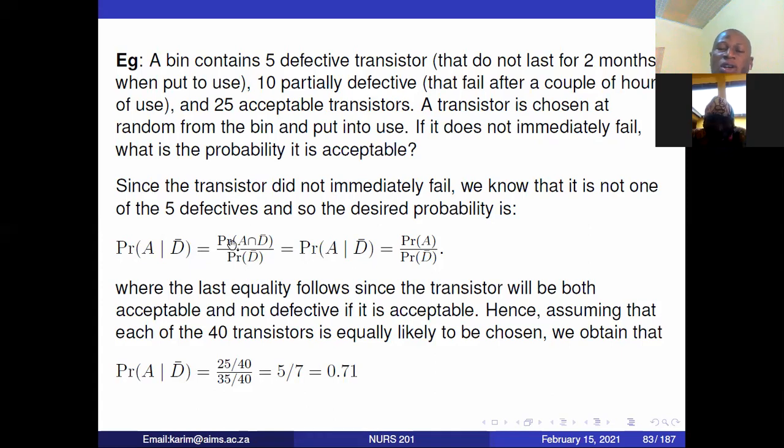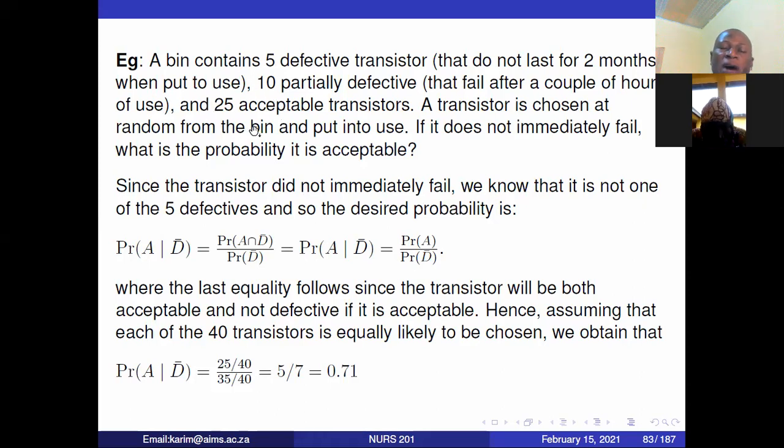Now, you can see that the probability of accepting a transistor intersection the transistor is not defective is just the same thing as the probability of acceptable transistors, divided by the probability of transistors that are not defective. Then how do we do that? We add all the transistors.